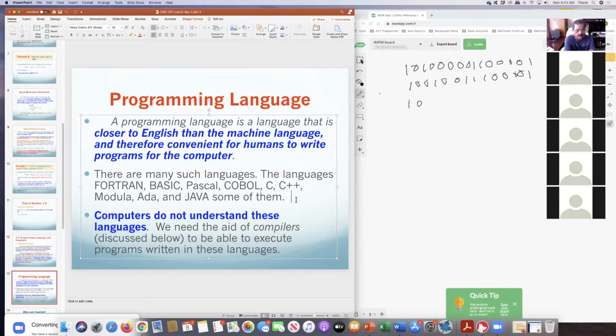IBM came up with the idea of creating a language and then creating another software, a program that can translate programs written in these high-level languages to machine language. See, that's not impossible because in these languages, every word is going to have one meaning. Only then is it good for a computer program.